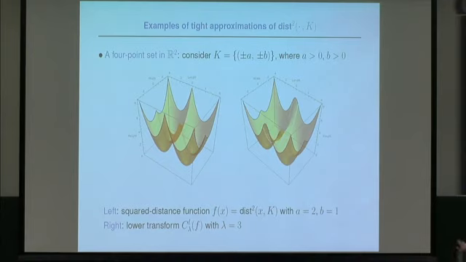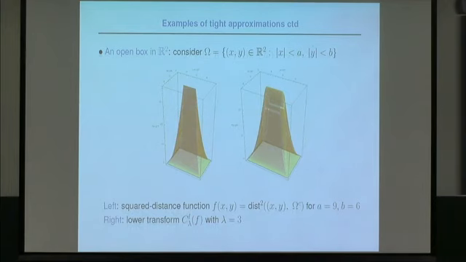And what you can see here, obviously you can't see it quantitatively, but qualitatively, hopefully you are convinced that it looks the same, except close to the points where you had a discontinuity in the derivative. And the points where you had a discontinuity in the derivative are smoothed off by having the lower transform.